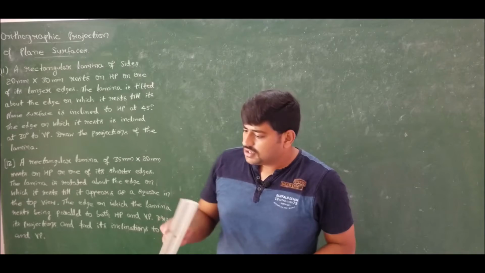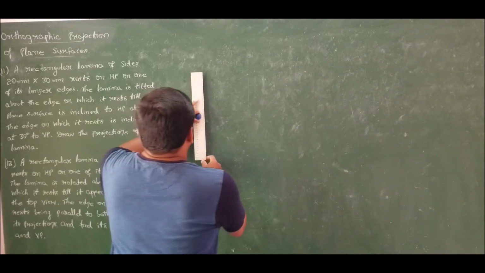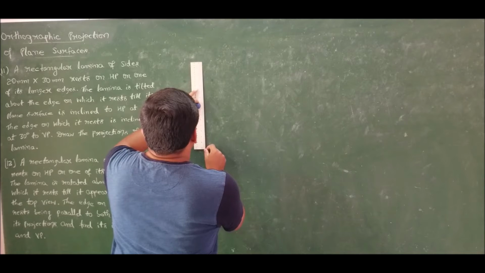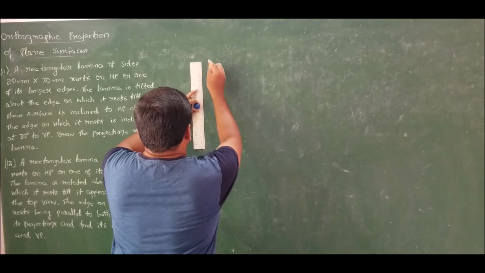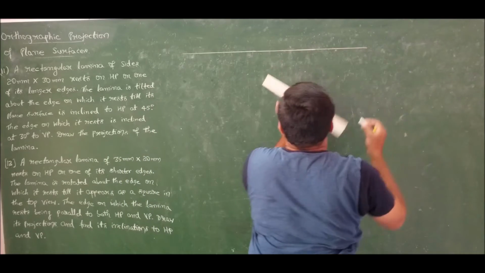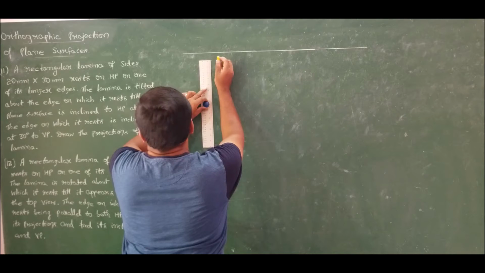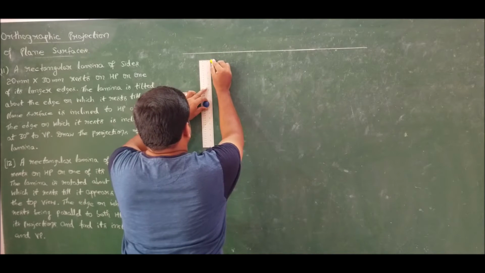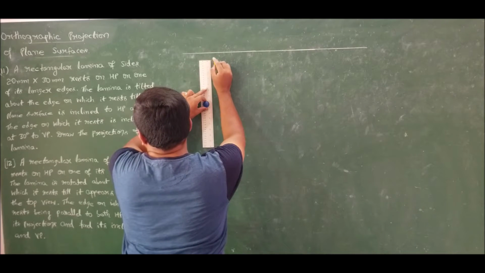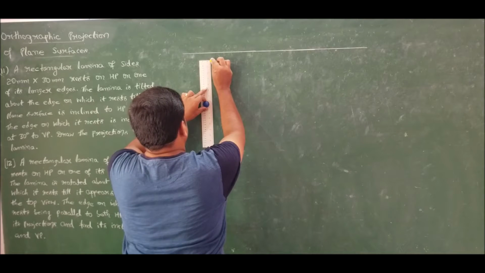First, let us draw the rectangular lamina in such a way that 30 mm will come towards my right and left side. That is, let me first draw the XY line. Now draw a rectangle of side 20 mm cross 30 mm. Since it is resting on the longer edge, I want 30 mm towards my right and left.